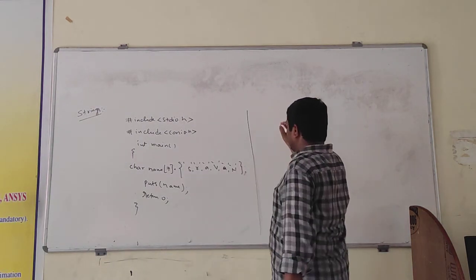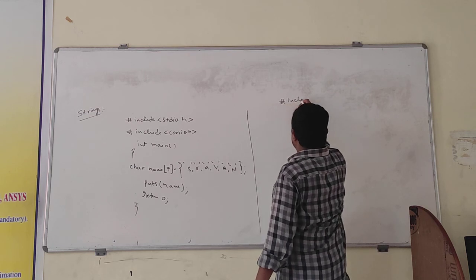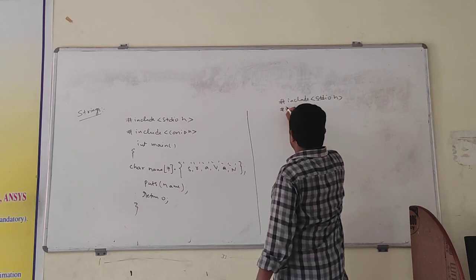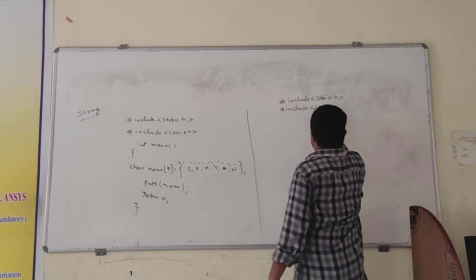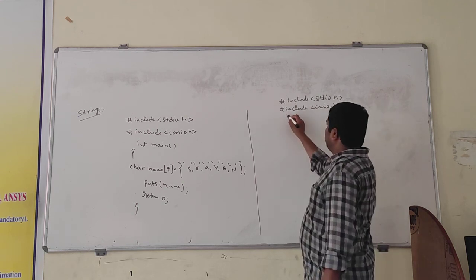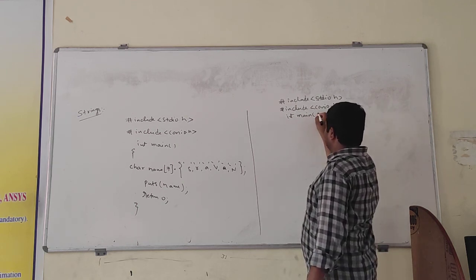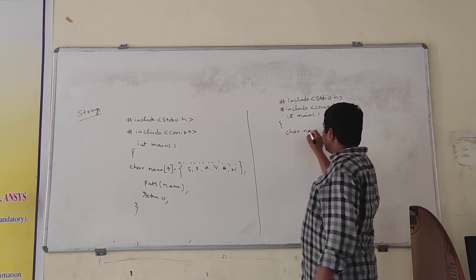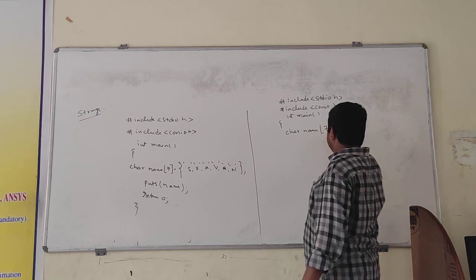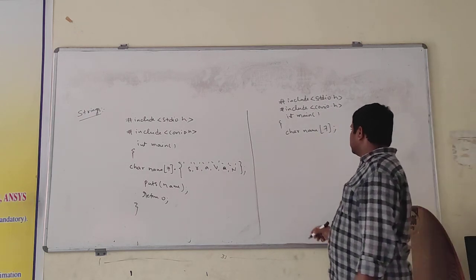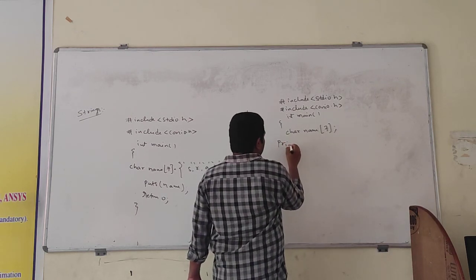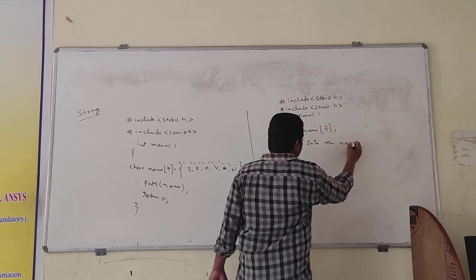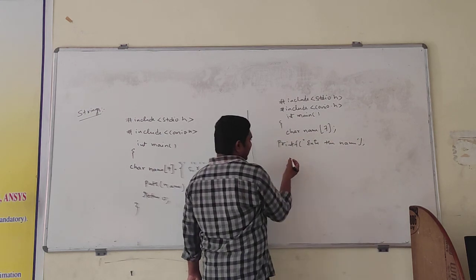After the declaration, example: #include stdio.h, #include conio.h, int main. These are common, and declaring the array char name[7]. I must enter the name. Enter the name. Next, the scan statement.